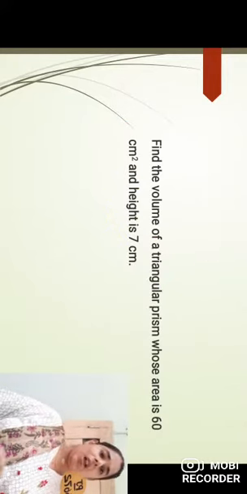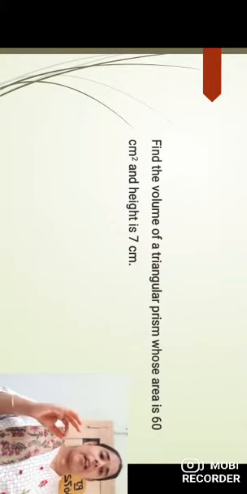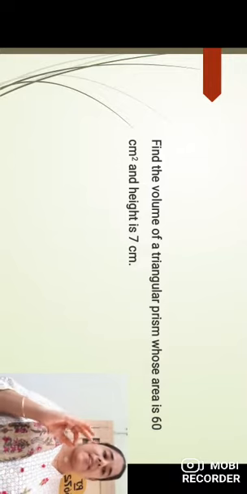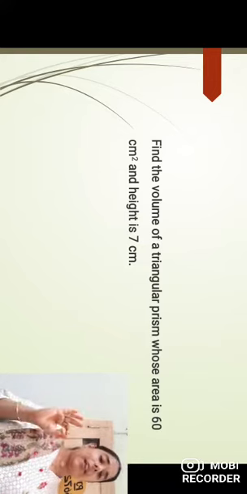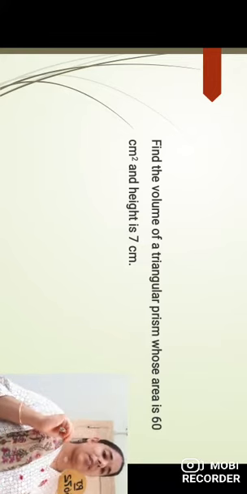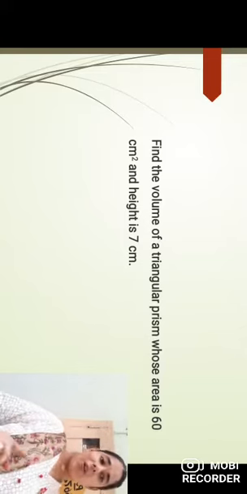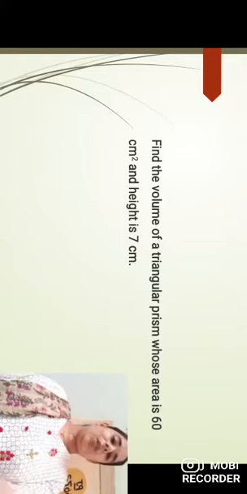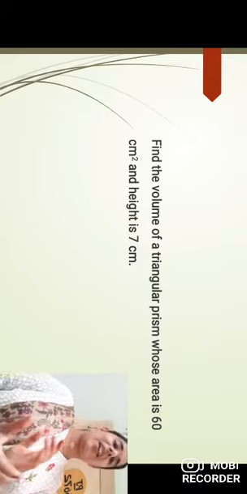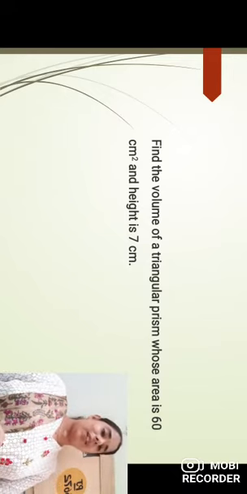Next question: find the volume of a triangular prism whose base area is 60 centimeter square and height is 7 centimeter. Here the base area is directly given. What is the area of a triangle?